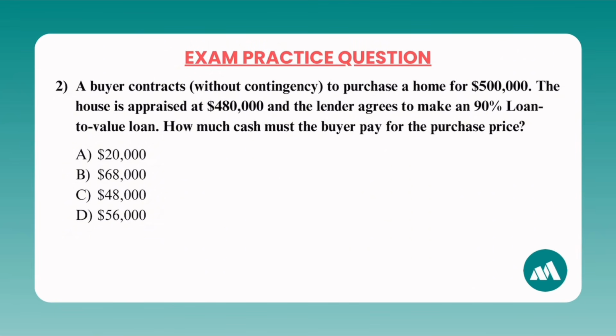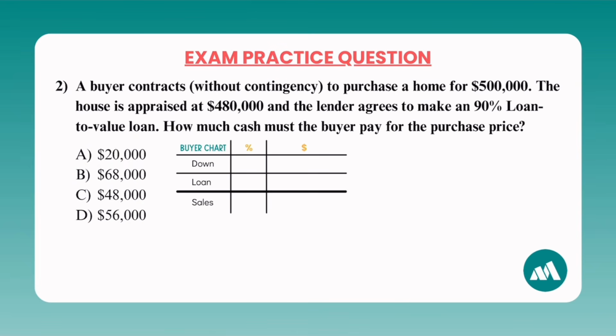Well, we're working with a buyer, so I'm going to bring out the DLS chart. Now we could fill in the DLS chart, but for this one, we see that there was a purchase price of $500,000, but the home only appraised at $480,000. That means that the lender will only allow $480,000 maximum.